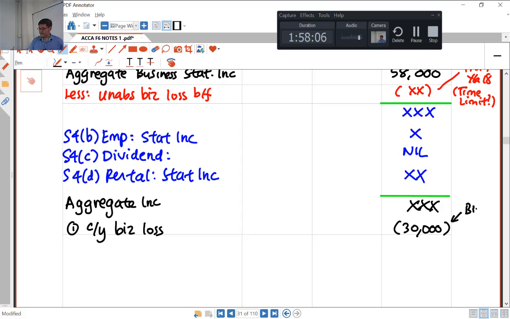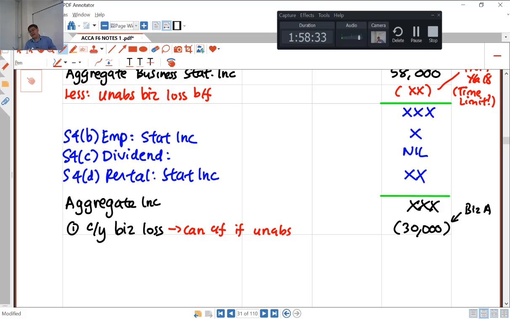This one comes from business A. So you minus this as your current year business loss. Of course, if you cannot claim all of it, you carry forward. If it cannot finish, you carry forward. So this is a figure that you can carry forward if it's unabsorbed.